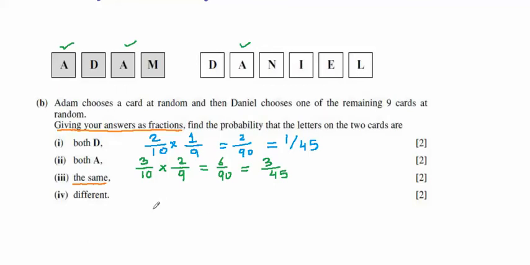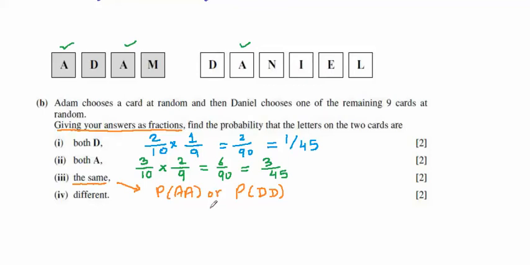So either there will be 2 D's or there will be 2 A's. If we do it in detail, this part will be the probability that both the cards are A, or the probability that both cards are written with letter D on it. There is no other option because we have only one I, one E, one L, one N, and one M. That's why these are the two options.